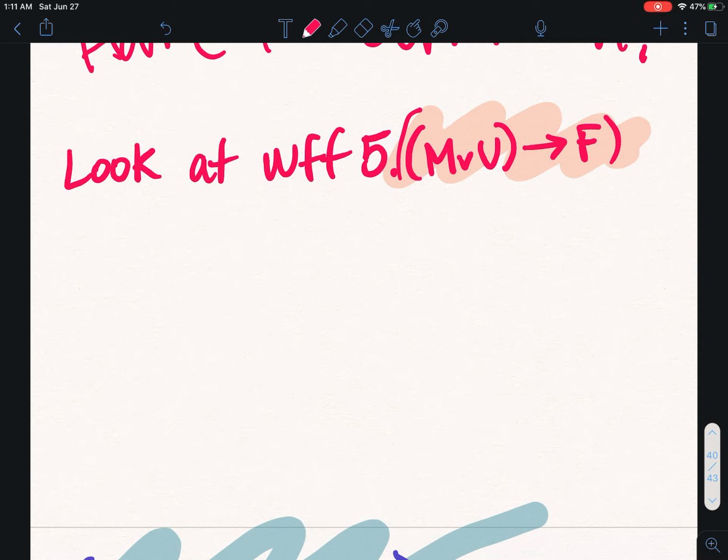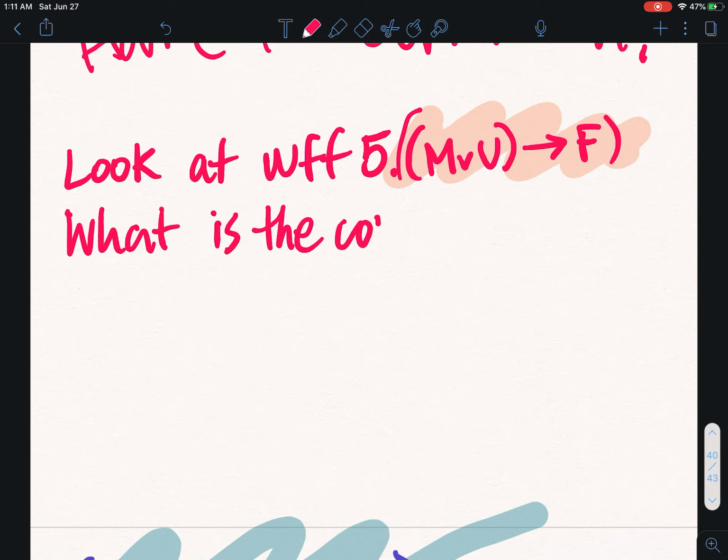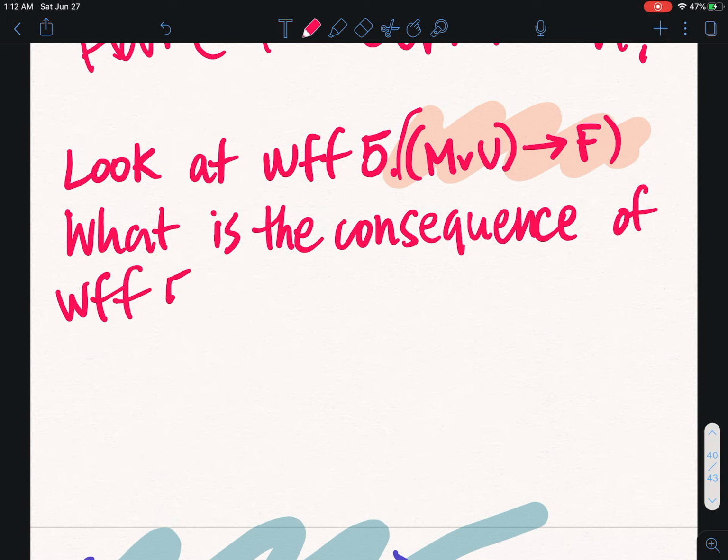It's kind of like a clue, and then, what is the consequence of wolf 5? And we know that it's F, right?